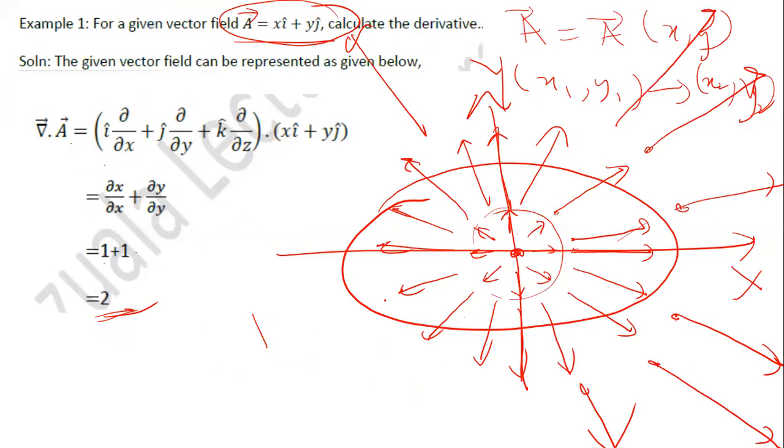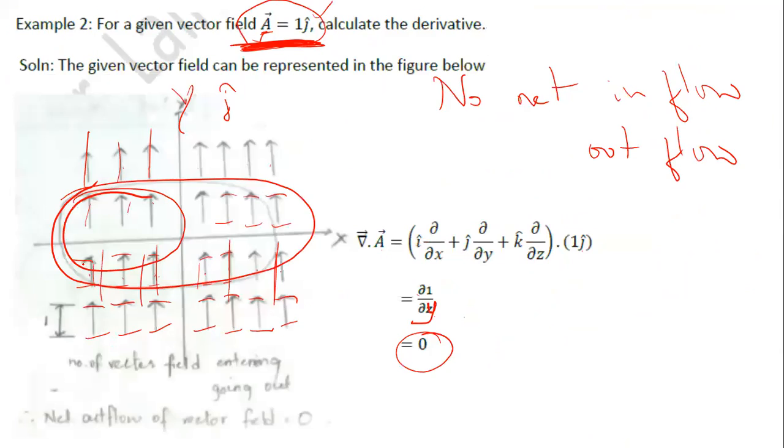It gives what is called an outflow of a vector field. So when there is a net outflow of a vector field, then you will find that the divergence is a certain finite quantity. But in this particular example, when there is no net outflow or no net inflow, the divergence is 0.